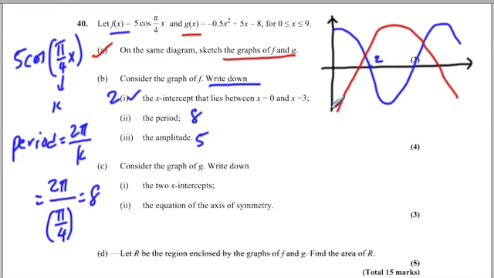Okay, now consider the graph of g. Write down the two x-intercepts. Again, you can just use your GDC and figure this out. I think they pretty much expect you to use your graphing display calculator. So once again, you can do the zero, left bound, right bound. I'm literally just using my calculator. Oh, and it turns out I made a slight mistake in my picture. It turns out that they actually intersect at the same point.